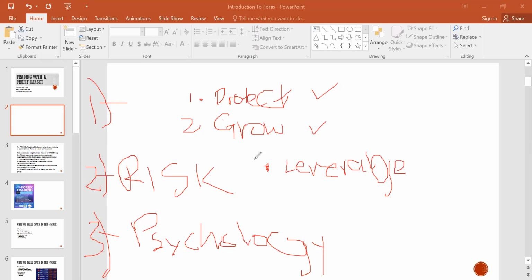That's number one. And number two is your lot size. These are the two aspects of Forex that you almost cannot learn or grow in Forex without knowing.